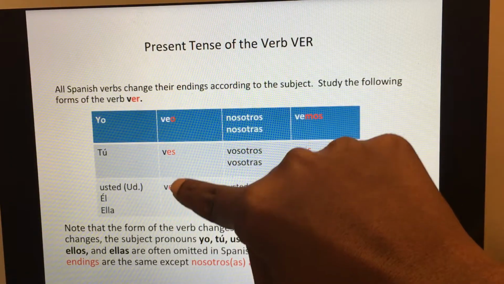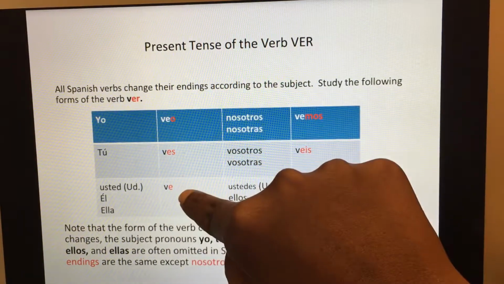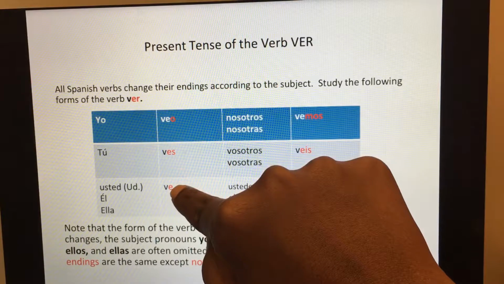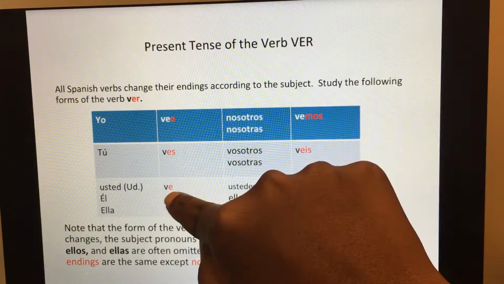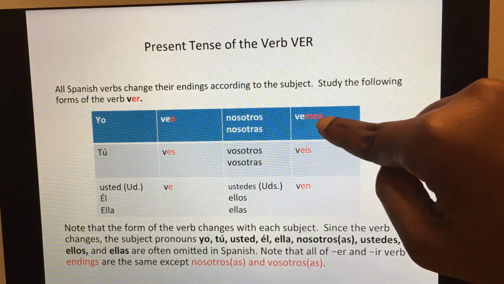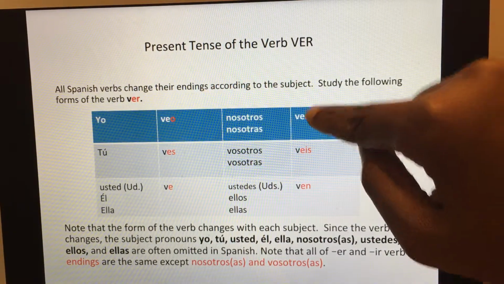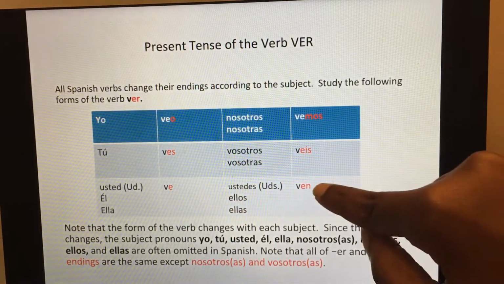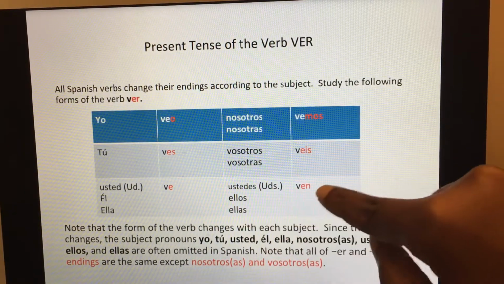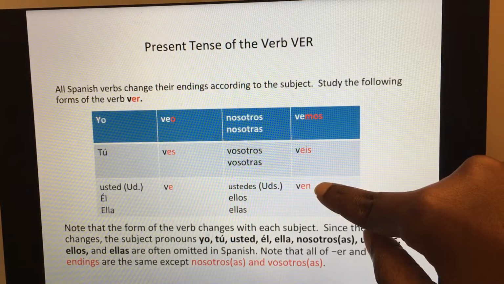Ves, you see. Usted ve, you see. Él ve, he sees. Ella ve, she sees. Nosotros, nosotras vemos. We see. Ustedes ven, you all see. Ellos, ellas ven, they see.